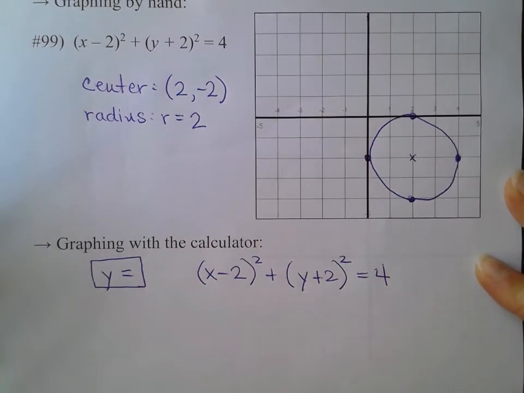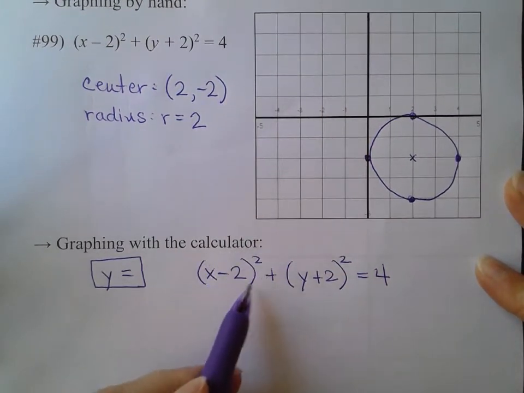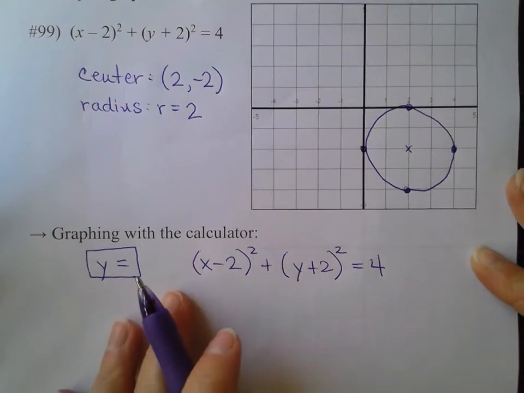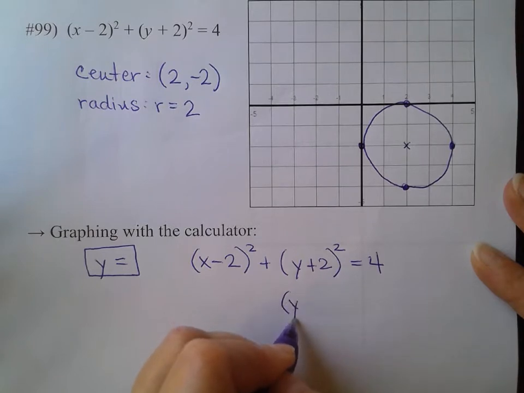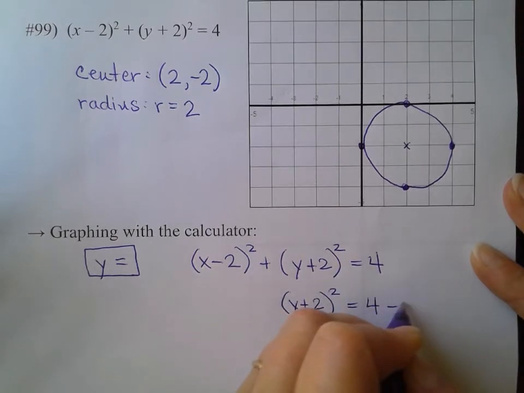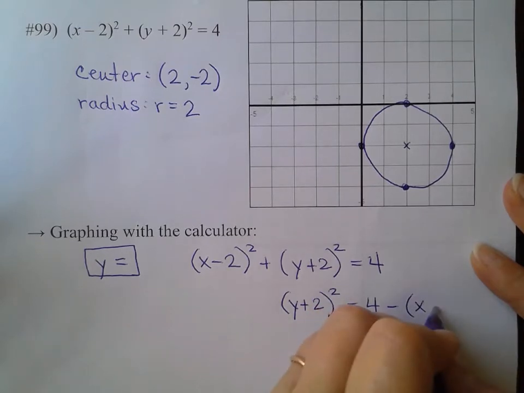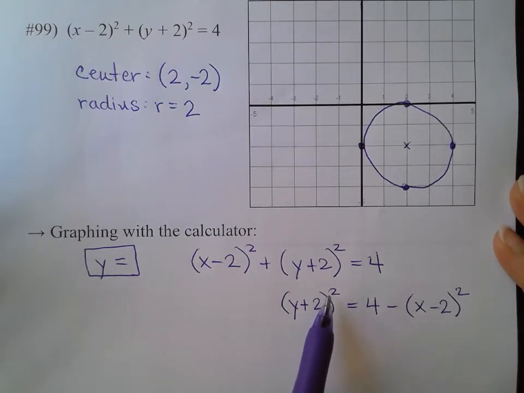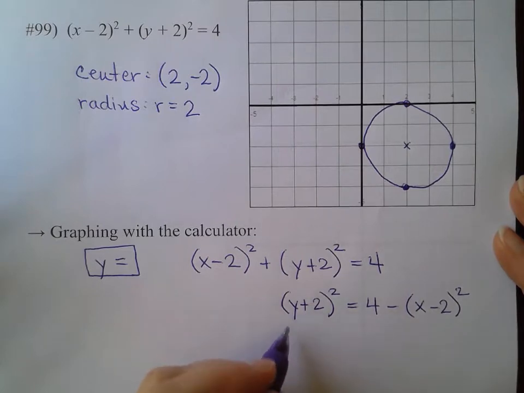Okay, so if I wanted to solve for y, I would need to move this whole x minus 2 squared term over to the other side. I think that's a good first step. And then I want to get y by itself, so I'm peeling back the layers. The next layer I need to remove is the square here, so I'm going to take the square root of both sides.